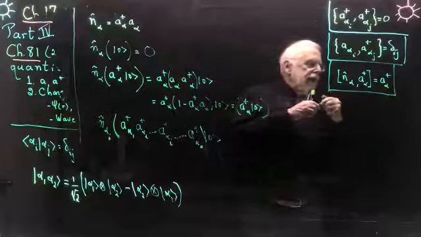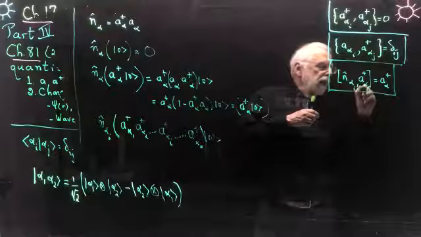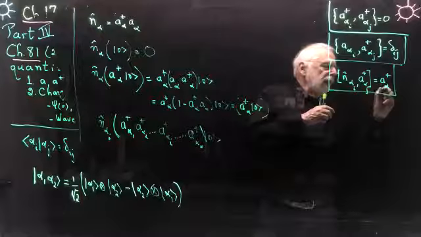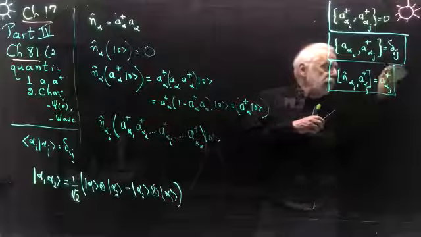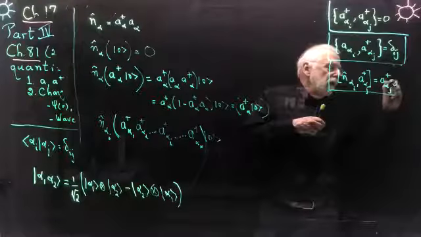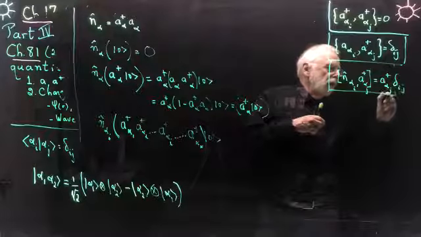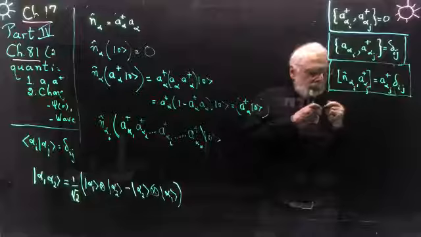But now if these labels are different, I, J, then I get A dagger alpha J, but only if I is equal to J. Otherwise, I get 0. Why is that?